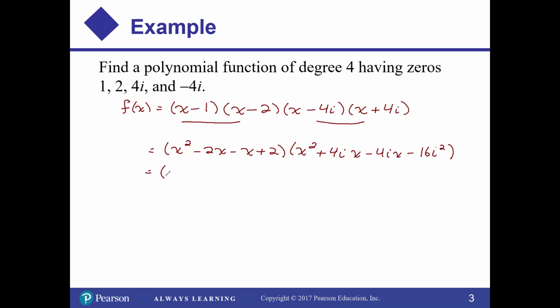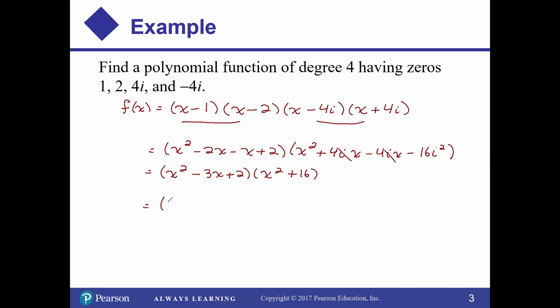Let's simplify this a little bit. We have like terms here, so that's going to be x squared minus 3x plus 2. Here we simplify and get x squared; these two cancel each other. And then i squared is just -1, so -1 times -16 gives plus 16.